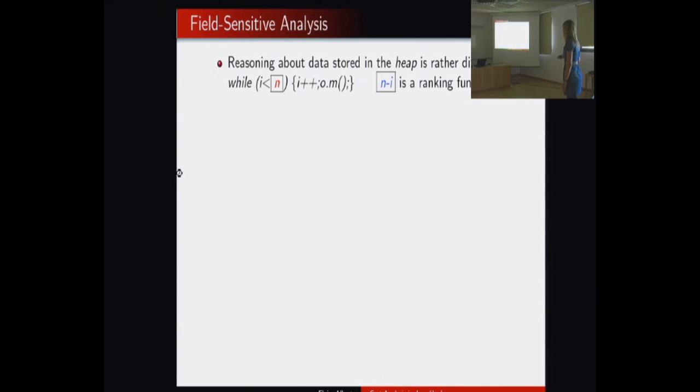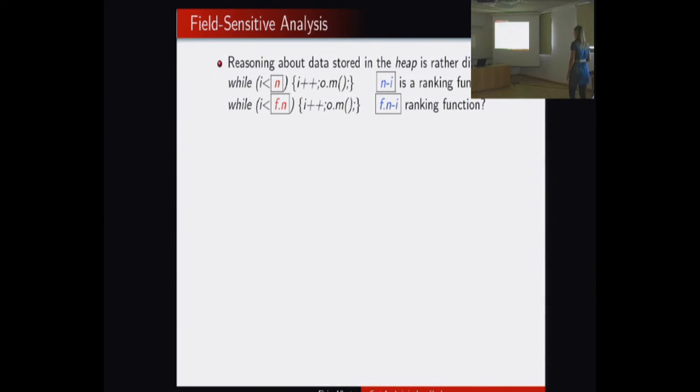So this is not a problem. But if instead of having a local variable n, I use a field here, I use data which is stored in the heap, then what can happen? It can happen that the objects f and o are aliases.